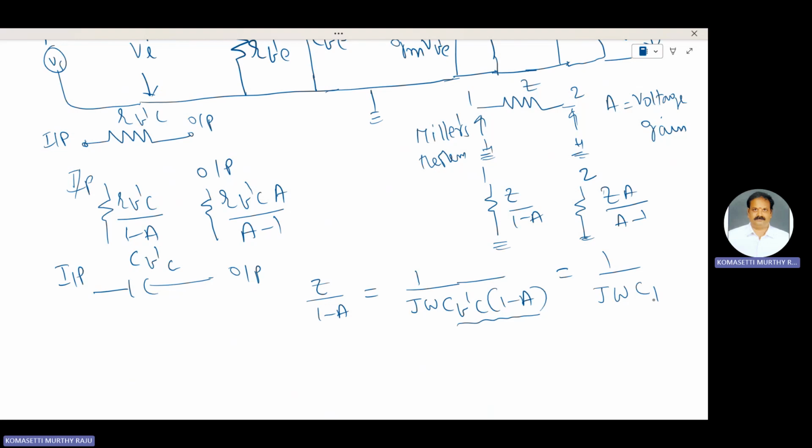Therefore, at the input side, the capacitance is C1.